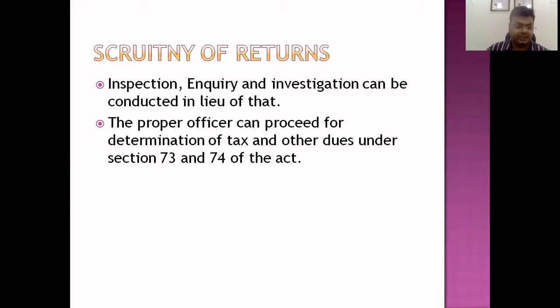So the person cannot correct his return, and in that case he cannot settle his liability. There is no other remedy for the taxable person other than going for the further sections, that is, 73 or 74. So action can be initiated in case of scrutiny of returns because of this discrepancy in sections.